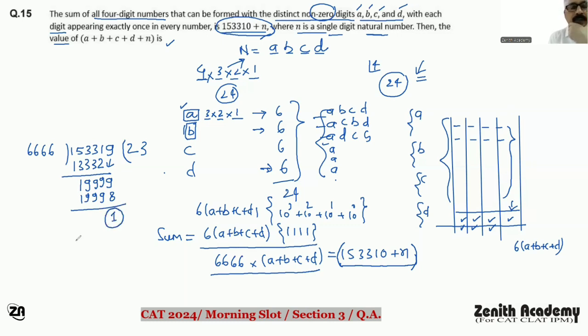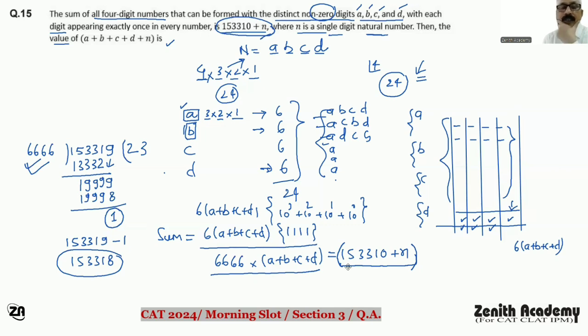It means 153319 minus 1, I mean 153318, is completely divisible by double six double six. Is it okay?